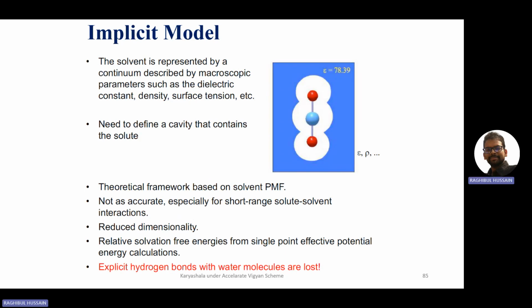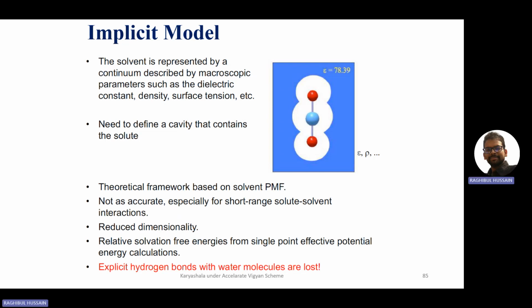Similarly, in the implicit model, the solvent is represented by a continuum described by macroscopic parameters such as dielectric constant, density, surface tension, etc. For COSMO, instead of the solvent dielectric property, you use an infinite conductor for the COSMO based models.